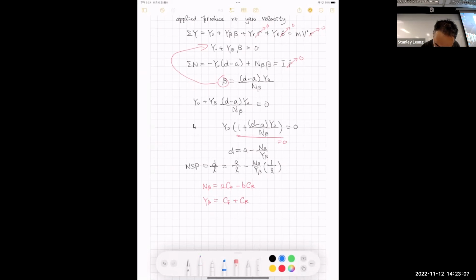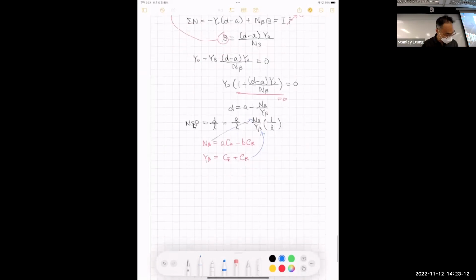Okay, then you can pull back these two things and you have your D equals to A minus ACF minus BCR over CF plus CR.